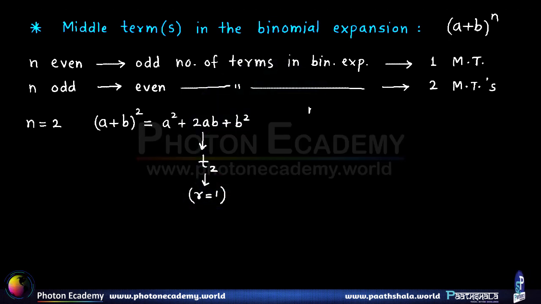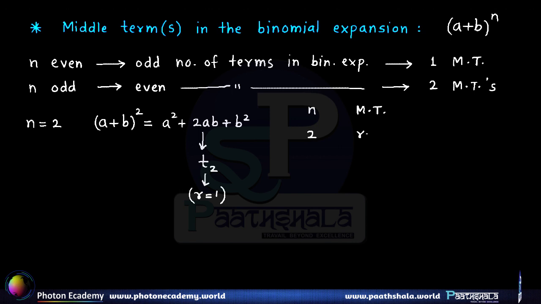So if we write n and the value of r for the middle term, when n is 2, we have r equal to 1. We can generalize and easily find out that when n is 4, we will have 5 terms. So that means we must have the third term in the middle.